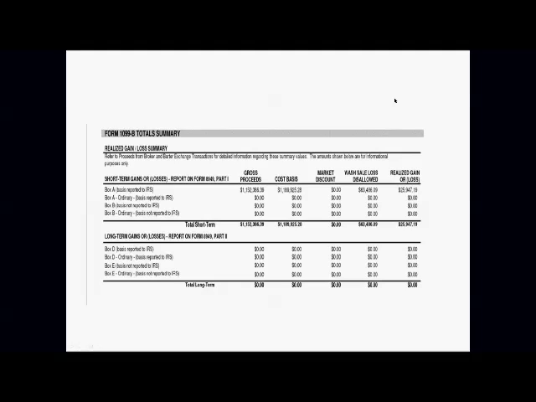Looking at this Apex statement, they've marked the ones that are wash sales. In the one I'm looking at, their losses are more than their gains, and so instead of getting an overall loss, this person is having to claim a bunch of gain and is limited on their losses.